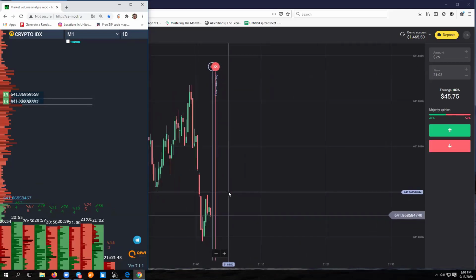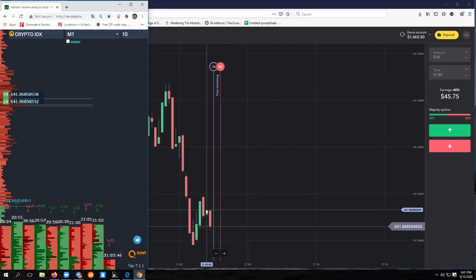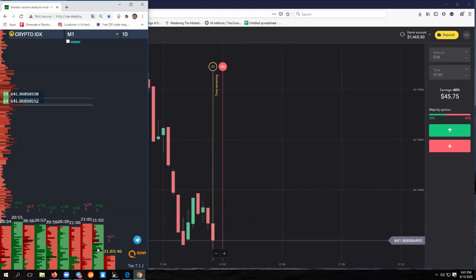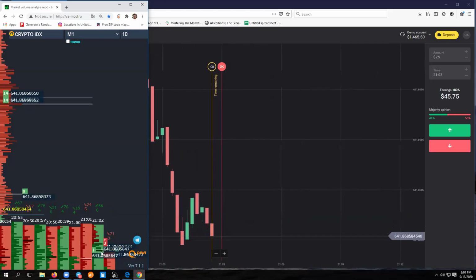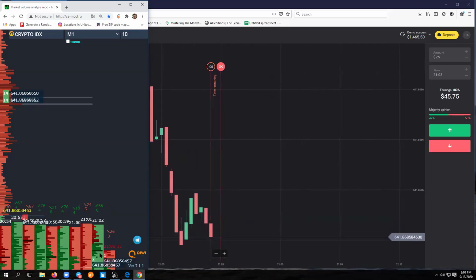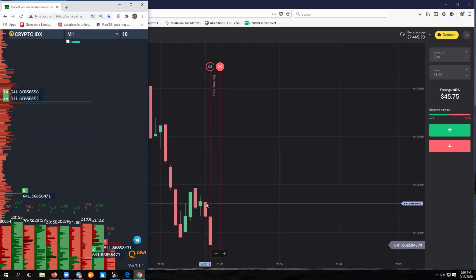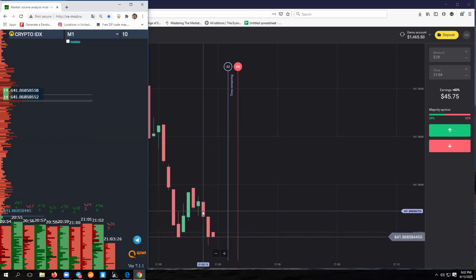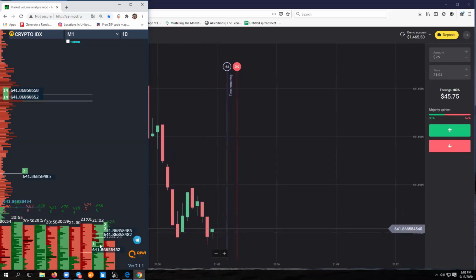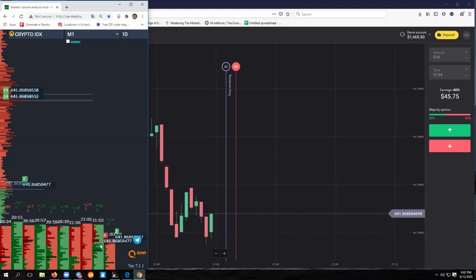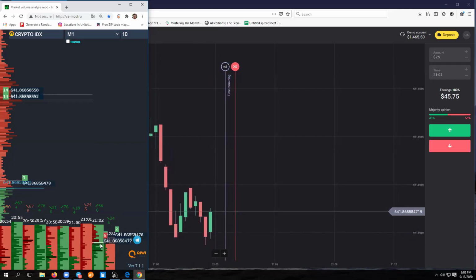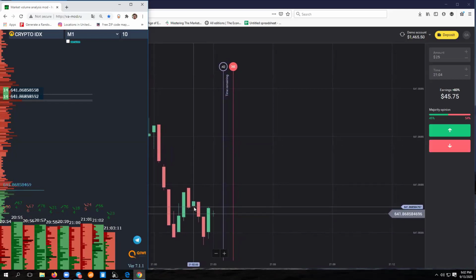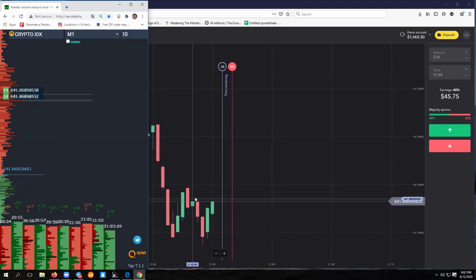No, it's a downtrend market, already going down. Retracement here. Piercing retracement. It's a double 7 here, or a break.